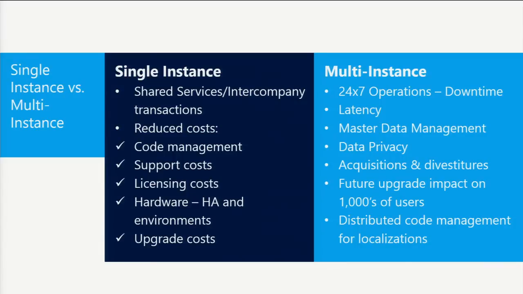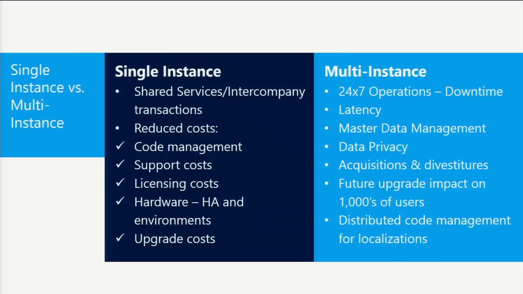And then also distributed code management. What we're seeing is that if you have an IT organization where you have different regional offices and each of those offices has their own development organization to look after their own local needs, it also works out really well. And there are best practices you can have for managing the code. With model files today, you can have a core model file that's applicable to everybody, maybe a regional model file, and then a local model file. So it allows you to manage that.